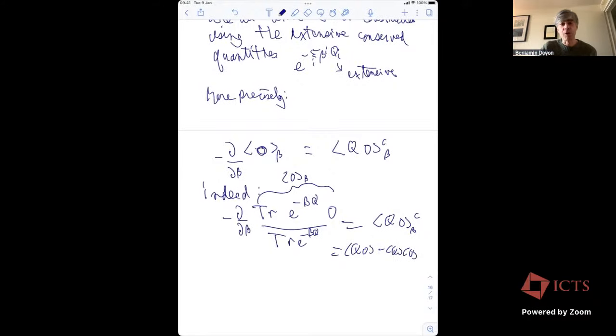And this is the way in which conserved quantities, Qs, describe small modification of a stationary state. And then mathematically, they span the tangent space of the manifold of stationary states. So this little calculation kind of explains these words.